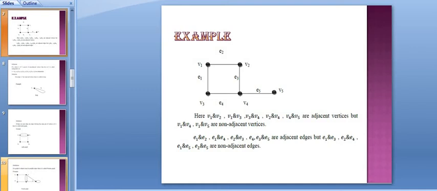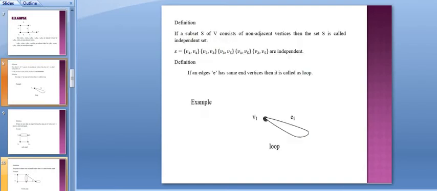Similarly, the edges e1 and e2, e1 and e4, e2 and e3, e4, e3 and e5 are adjacent edges, whereas e1 and e3, e2 and e4, e1 and e5 and e2 and e5 are non-adjacent edges.